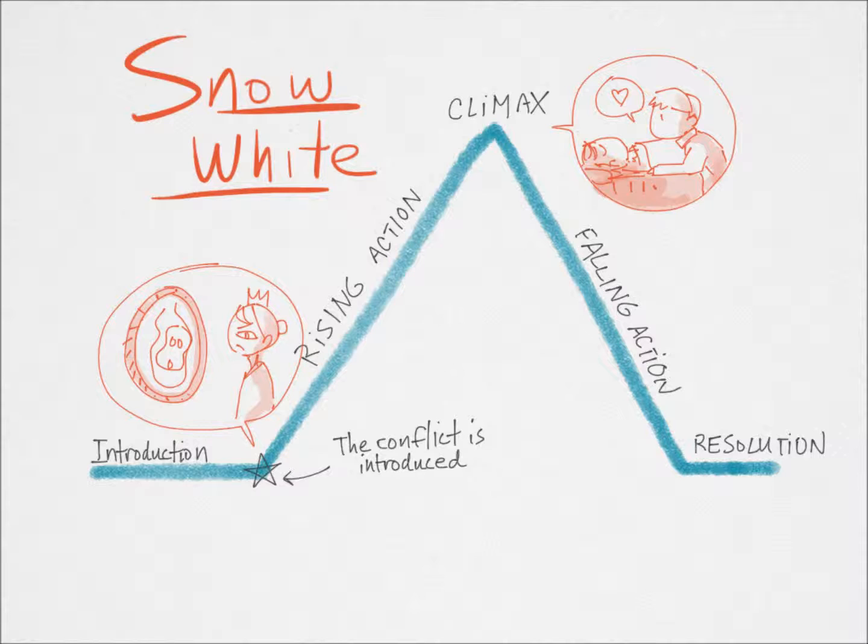That's the climax. It's the most suspenseful, most exciting part of the story, and it's the turning point, because after the prince kisses Snow White, the whole story changes. Everything's resolved, and then you can have the falling action and the resolution.